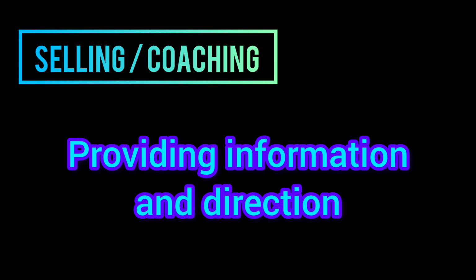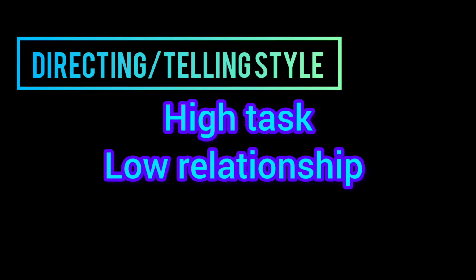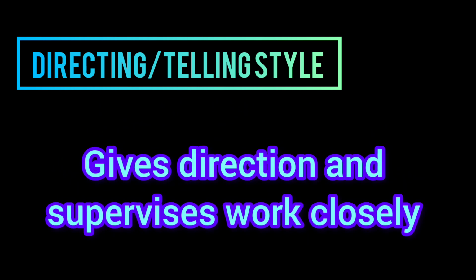Now going to the last one, that is the telling or directing style. This leadership style implies high directive behavior and low supportive behavior. In this case, the leader gives direction and supervises the whole work closely.